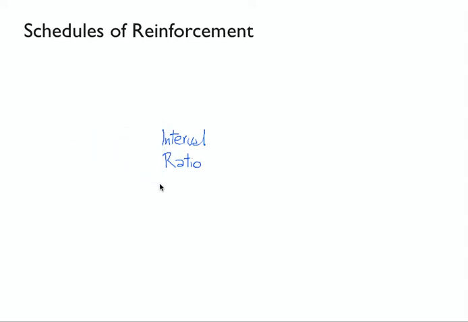We said the schedule could be interval or ratio, and we also said that the schedule can be a fixed schedule, and it can also be a variable schedule. What do I mean by fixed and variable?